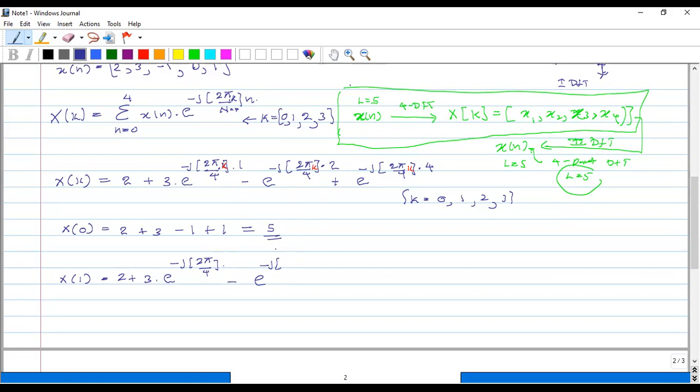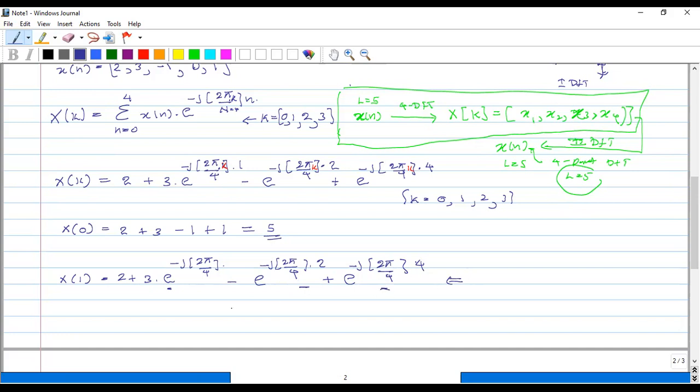Okay, so here you have 2, plus e to the power minus j 2π by 4. So you have 1 here, then 4 is there. Okay, so you can see that these are some complex values.